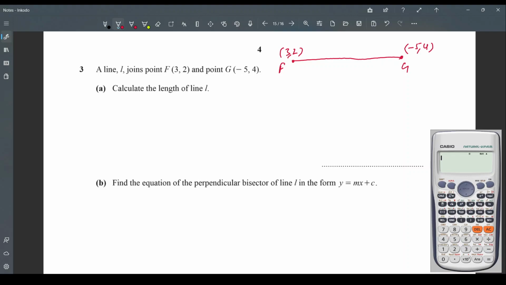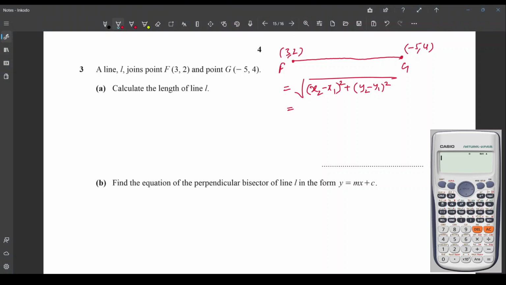You have to remember the formula to find the length of any line: under root of (x2 minus x1) whole square plus (y2 minus y1) whole square. So you have to use this formula to find the length of the line.